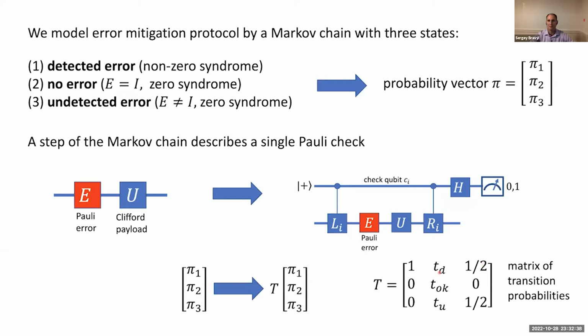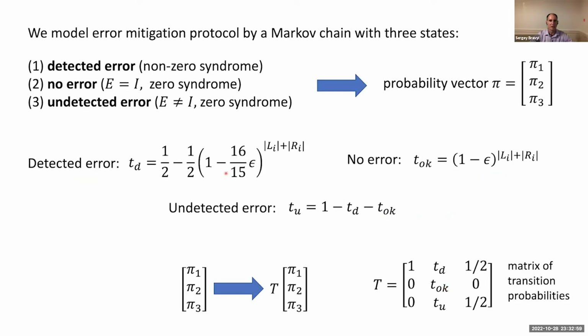And if the chain visits state 2, no error, then it can jump to any other state with certain transition probabilities that depend on details of how we implement Pauli checks, what our noise model is, and so on. And we have calculated these transition probabilities for our noise model, and they depend only on the error rate epsilon and the Hamming weight of Pauli checks. But these details are not important.